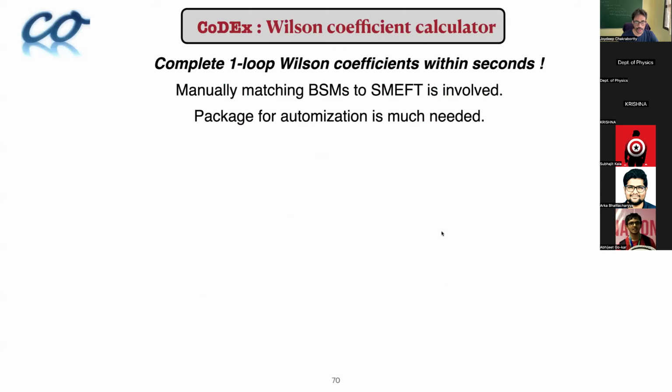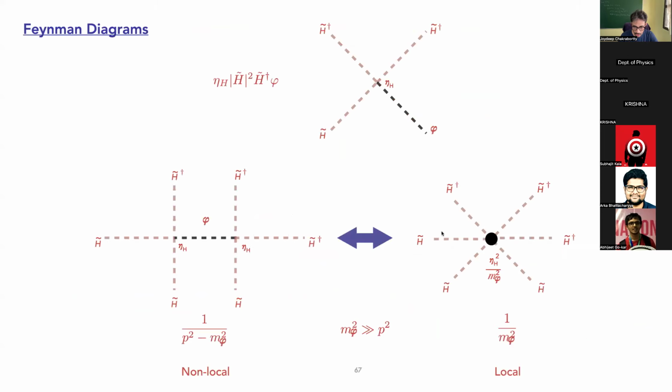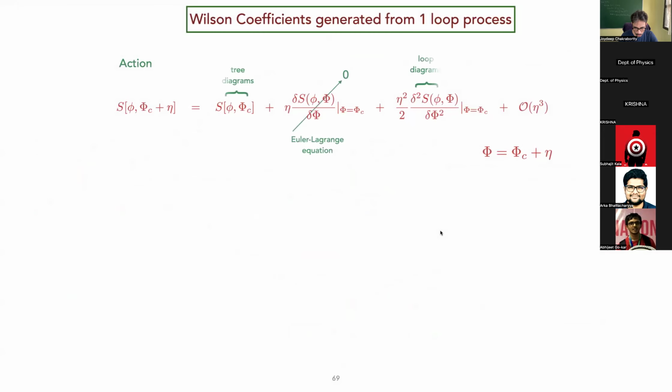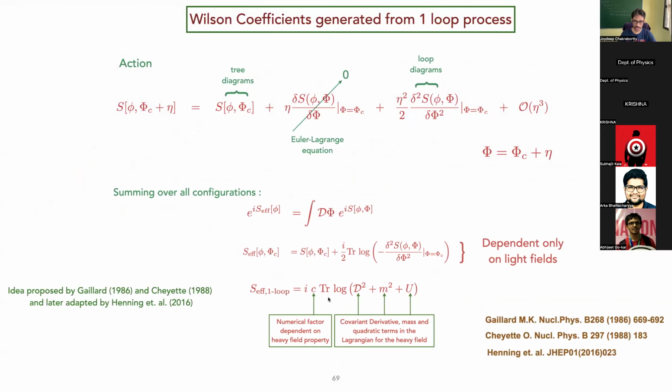As you can see, eventually we have to calculate this thing for different theories, because the purpose will be revealed soon. So it's better to develop an automated program based on that, so that we can compute this.